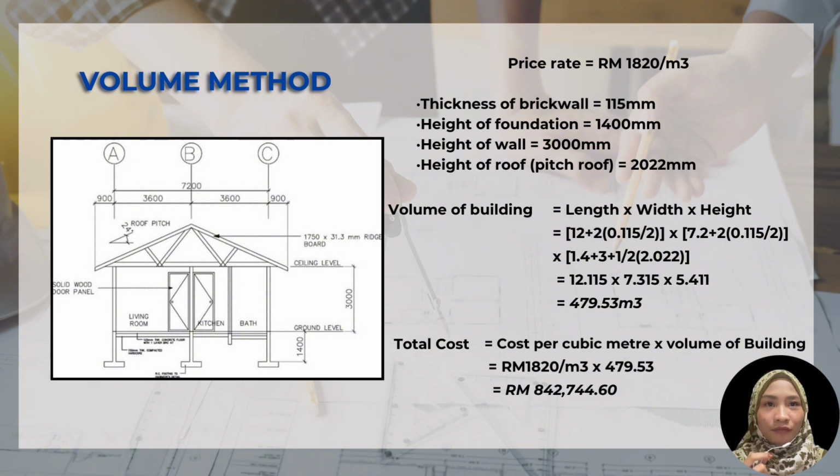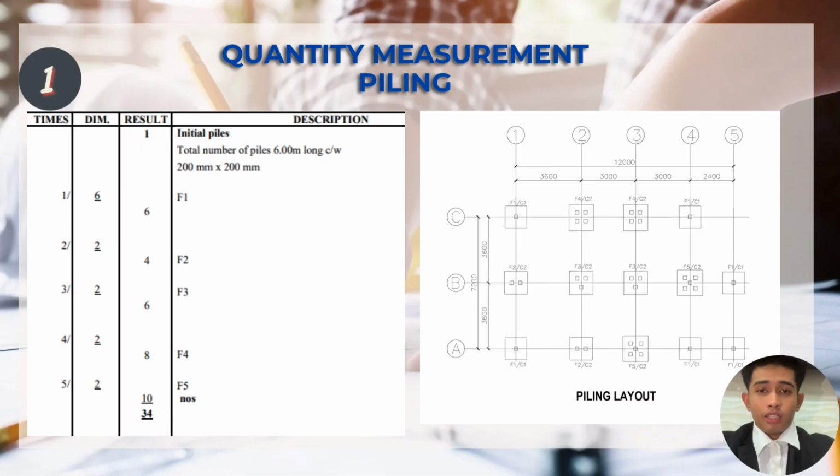The calculated volume of the building we get is 479.53 cubic meters. The total cost is obtained by multiplying the cost per cubic meter by the volume of the building, resulting in RM842,744.60.